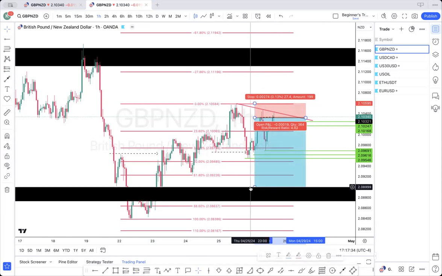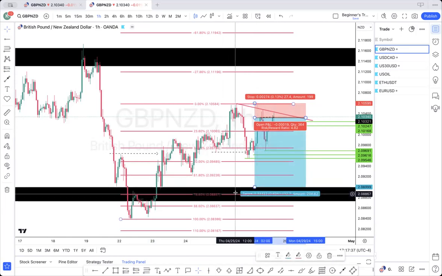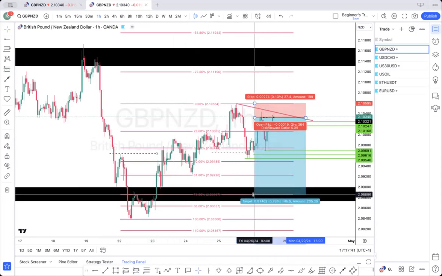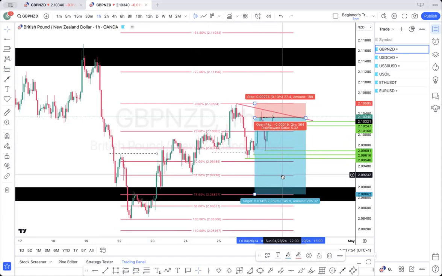I always put it at the top of the zone. You can put it at the 78 if you want, but I normally just put it at the top of the zone. And then once price gets here, you have to wait to see what price wants to do at that moment.